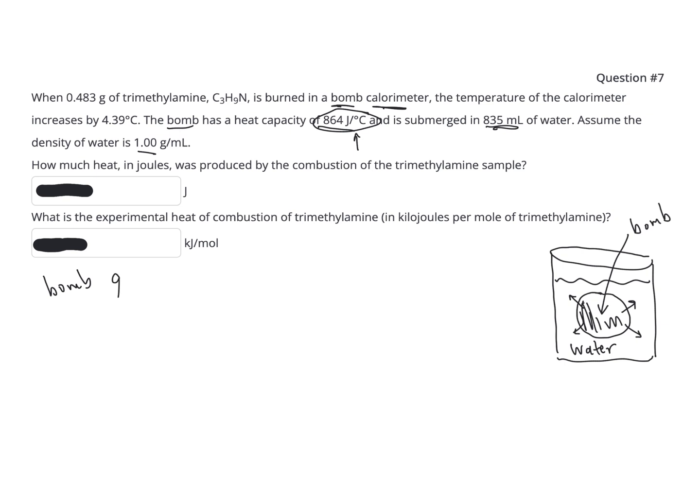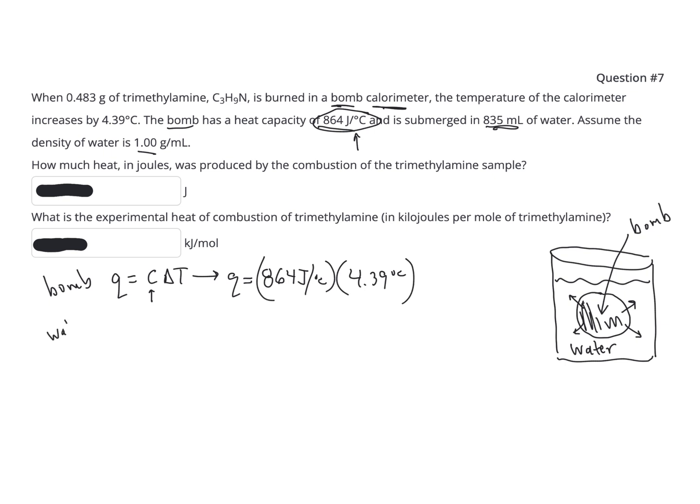So that equation is Q equals C delta T, where C is the heat capacity of the bomb calorimeter. They tell us that the heat capacity is 864 joules per degree Celsius, and this goes through a 4.39 degree Celsius temperature change.